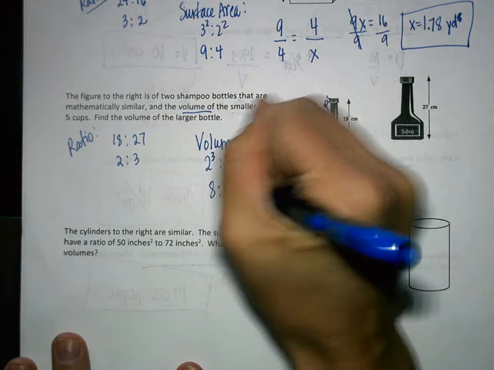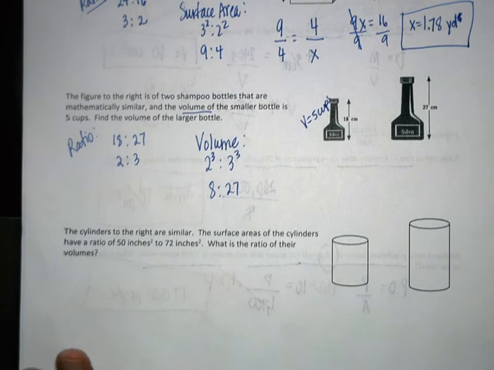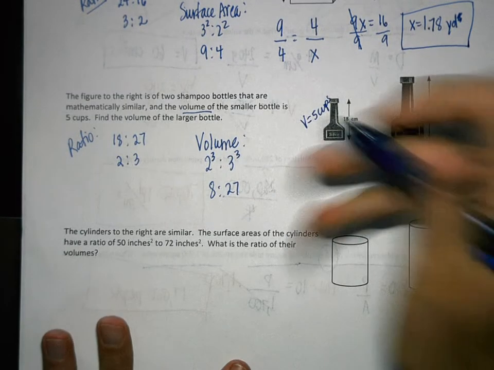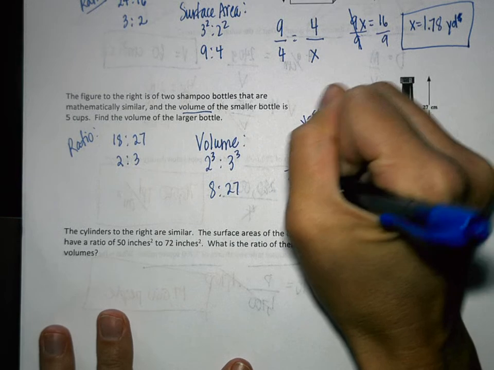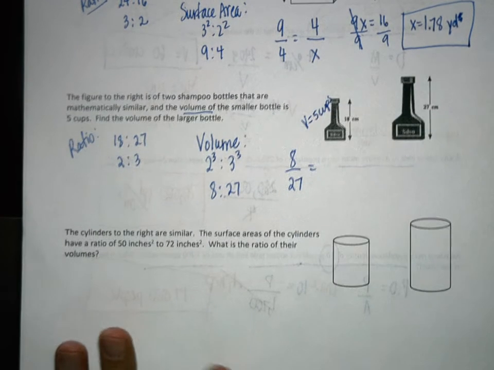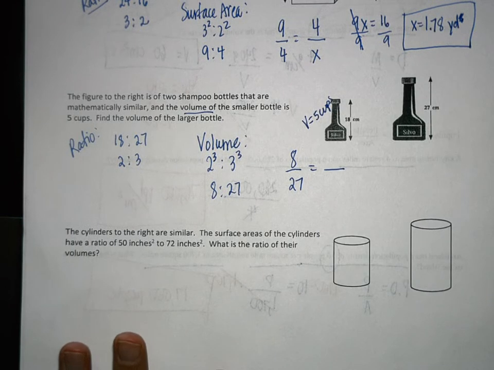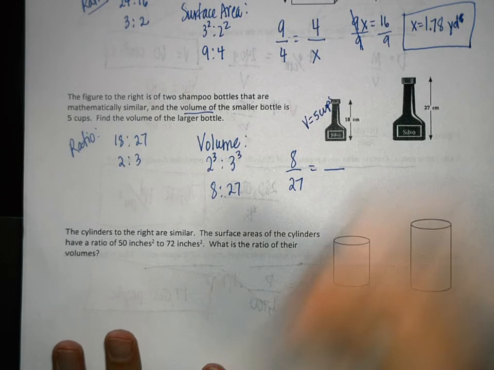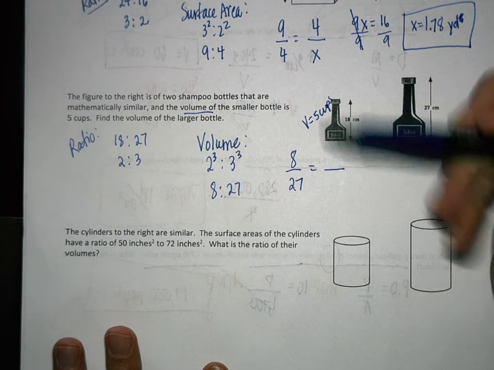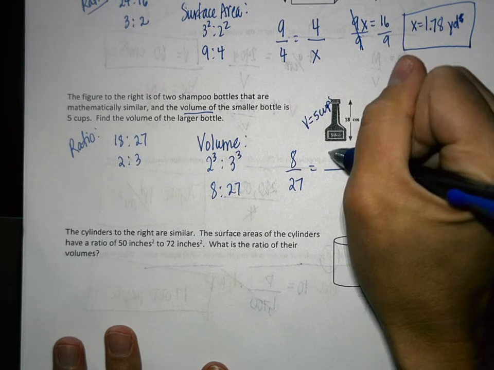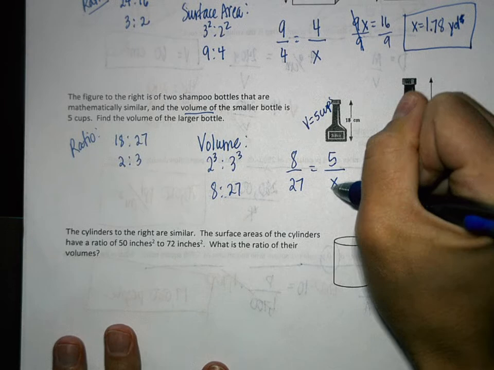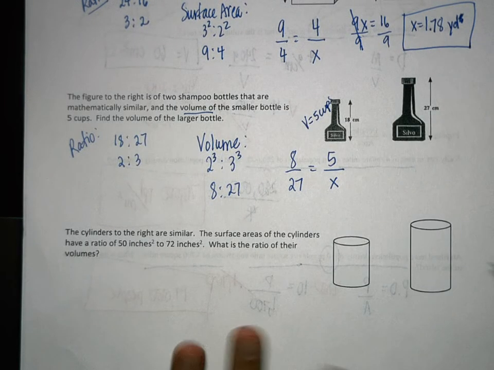So that means I have to go 2 cubed to 3 cubed, which is what? 8 to 27. So again, we're going to set up our 2 fractions or proportions. 8/27 equals, and where is the 5 going to go on the other side? On the top, because it needs to match with the smaller one. So that would be 5/x. And then we just cross multiply.